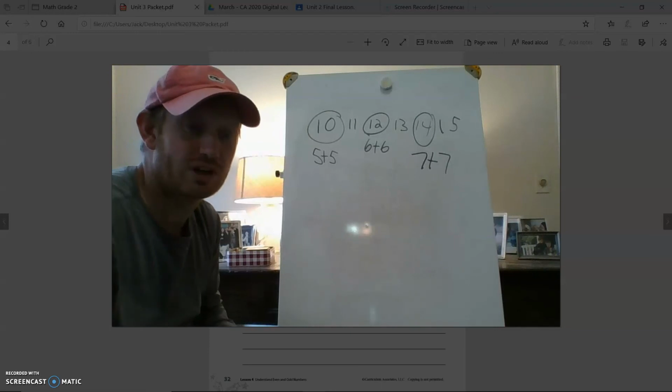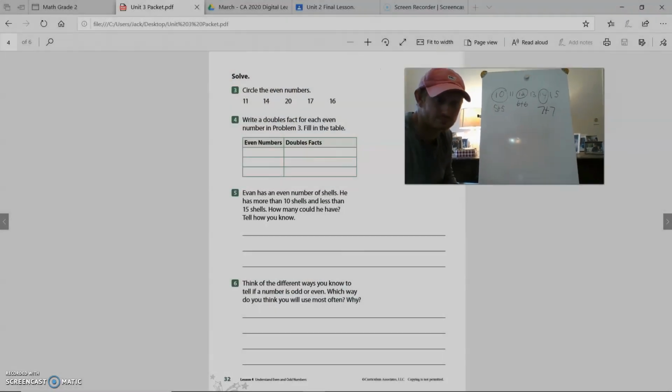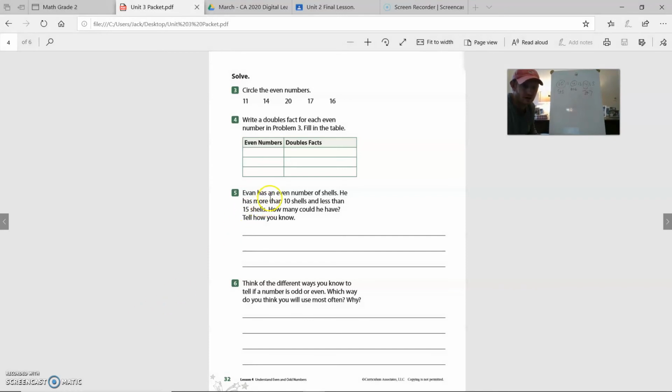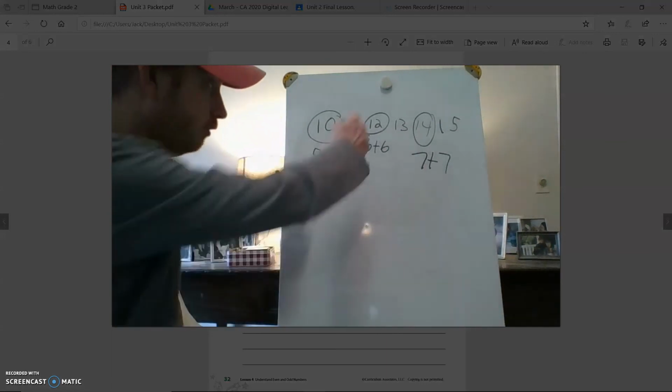So, to answer our question, Evan has an even number of shells. He has more than 10 and less than 15. How many could he have? How do you know? Well, he could have 12.